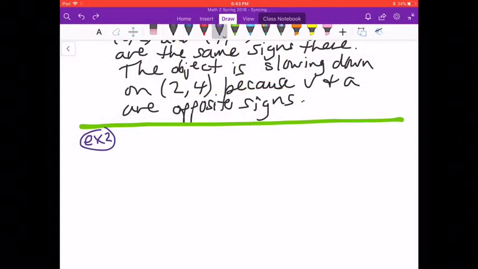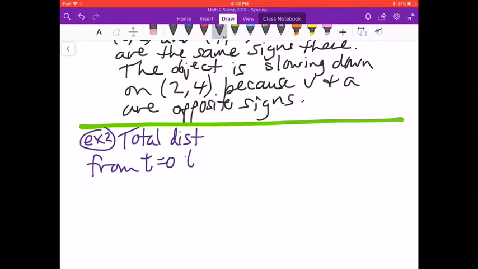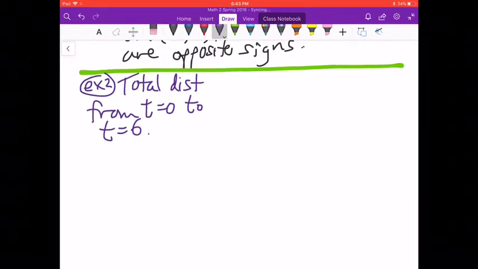Okay, continuing here. We've got an example 2, and they ask for the total distance from t equals 0 to t equals 6 for a particle, and the position function is t cubed minus 12t.